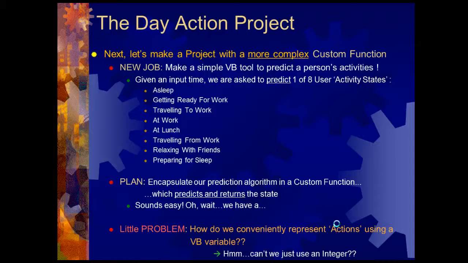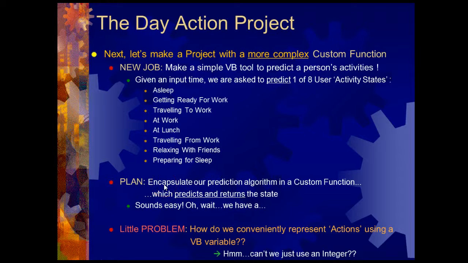So we have the day action project, the one that we just looked at. Given an input time, we slide the slider to a particular place, and that decides the input time. We are asked to predict, not really predict, but just output one of 8 user activity states. The user could be asleep, getting ready for work, traveling to work, preparing for sleep, and so on.